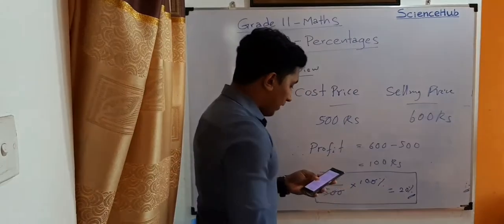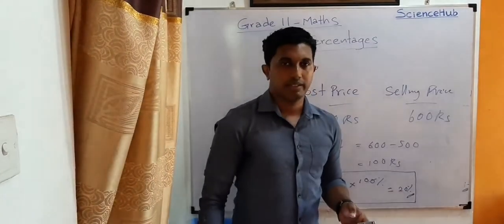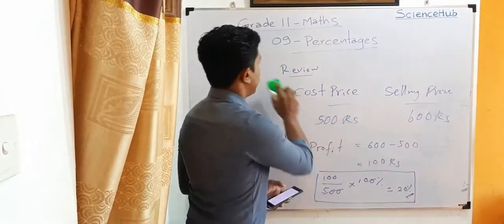Calculating interest on the reducing balance. Nine point one, calculating interest on the reducing balance.